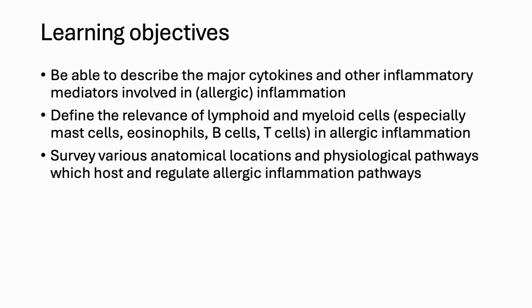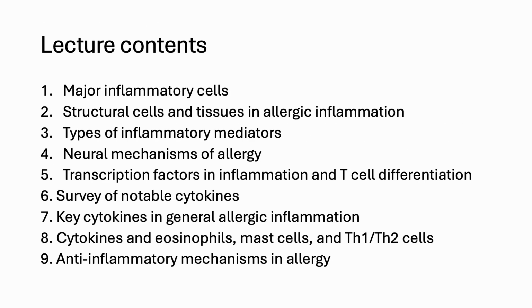And then we also want to look at different immune cells, especially these lymphoid and myeloid cells, that have a pretty defined role in allergic inflammation specifically. And then we're also going to go over some areas in the body and some pathways that are of particular note. So here is the lecture content, so you can get a rough idea of where things are if you want to skip ahead.